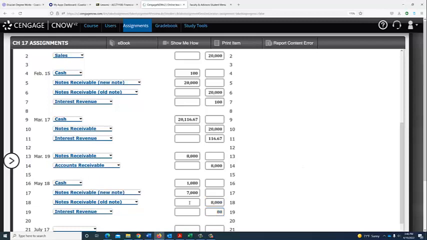Okay, so I know that I'm in balance here because this debit side equals 8,080 and the credit side equals 8,080. So before you leave the journal entry, make sure that it is in balance because all journal entries have to balance.